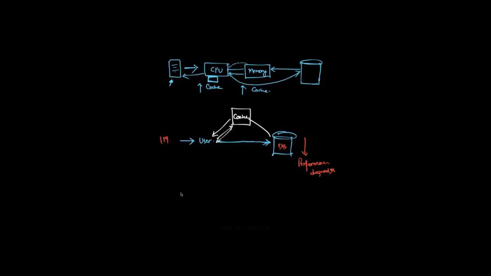This caching is offered by Redis as a separate system. Until then it was just memory, but now Redis comes as a caching service, which can be hosted on a separate server altogether.